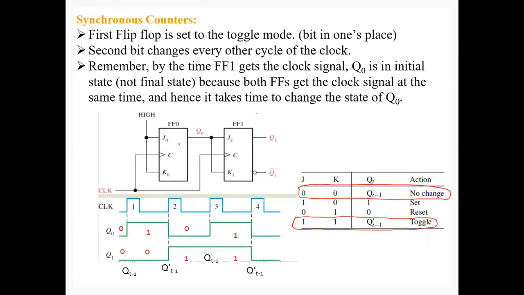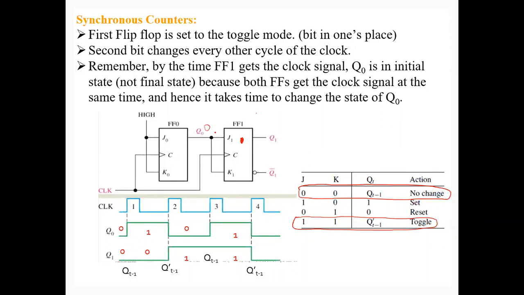Okay, so this is in toggle mode, right? So toggle mode meaning this. And the other one here works either in toggle mode or hold mode, right?